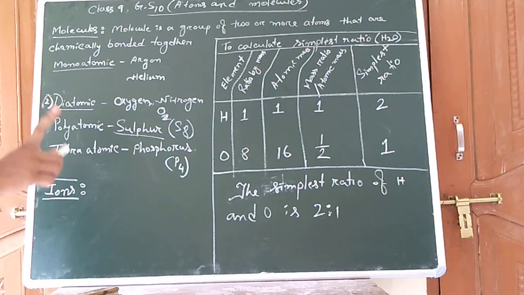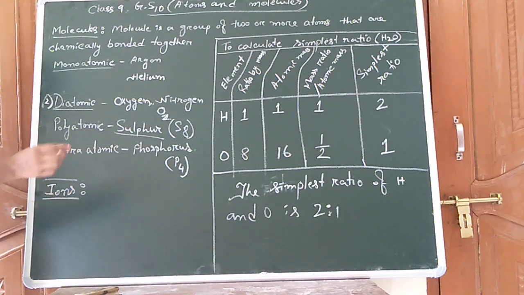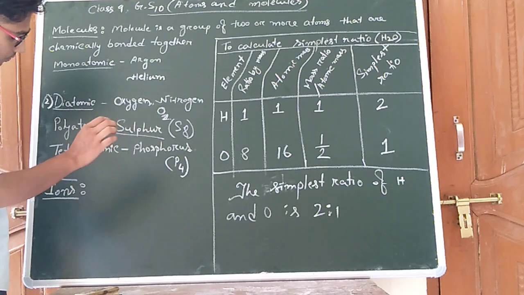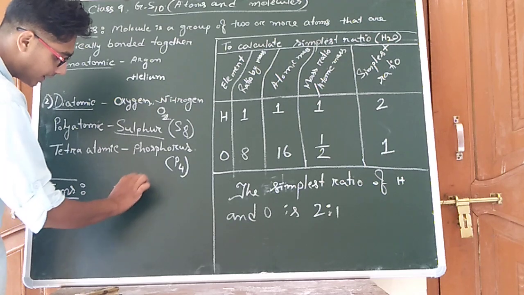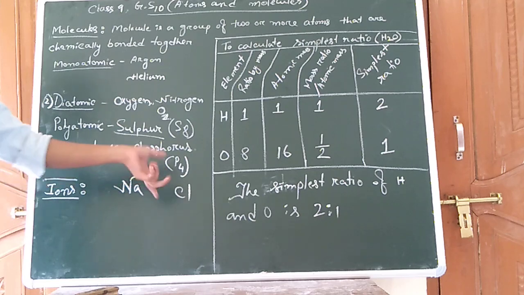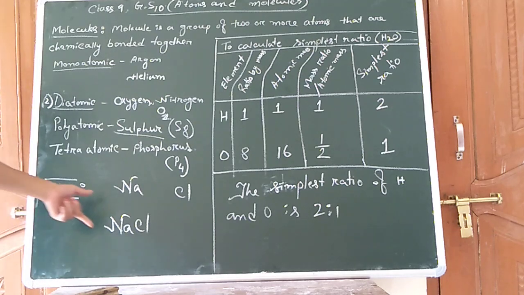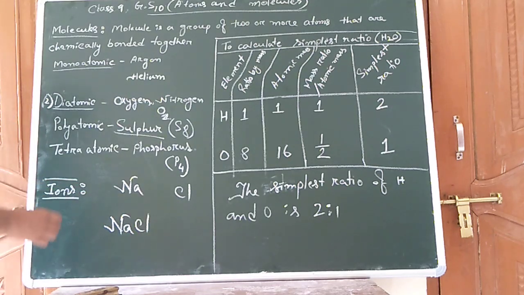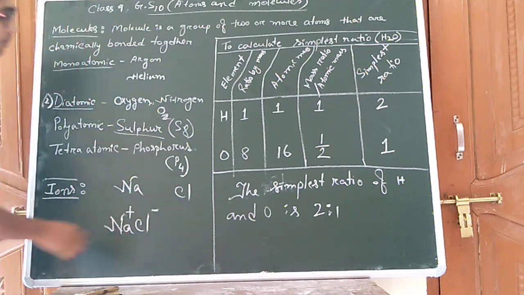For example, take sodium, a very common metal, and chlorine, which is a gas. Chlorine is a non-metal and sodium is a metal. If these two combine, sodium chloride, a salt, is produced. In this salt, two ions are present: the sodium positive ion and the chlorine negative ion.